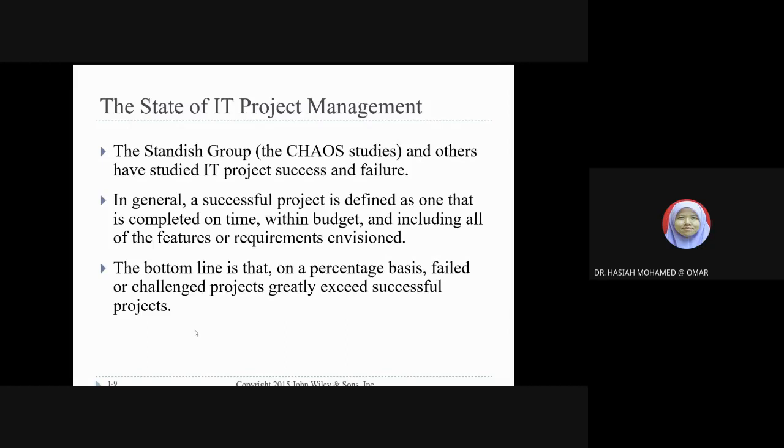Because you already calculate all of the possible, kita kata, possible cost yang sepatutnya memang kena guna. Contoh, you pay for the project manager, you pay for the berapa orang team members, you pay for the facilities, for the technologies, for the meetings, so on and so forth. So when you calculate, it's 150,000 contoh.